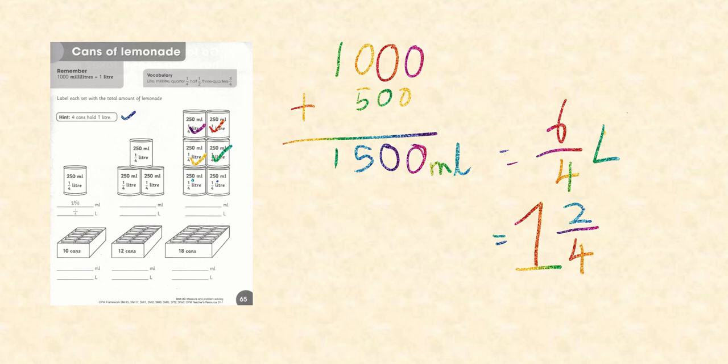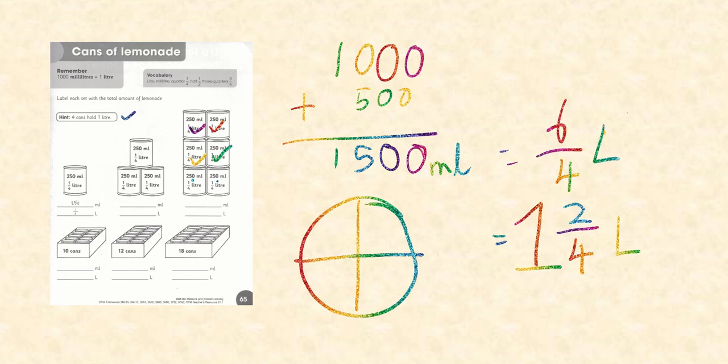Not wrong. But do you still remember? 2 quarters are also the same as 1/2. Right or not? So the best answer that I can give for this question is 1 and 1/2 liter. 1.5 liter. Do you understand?